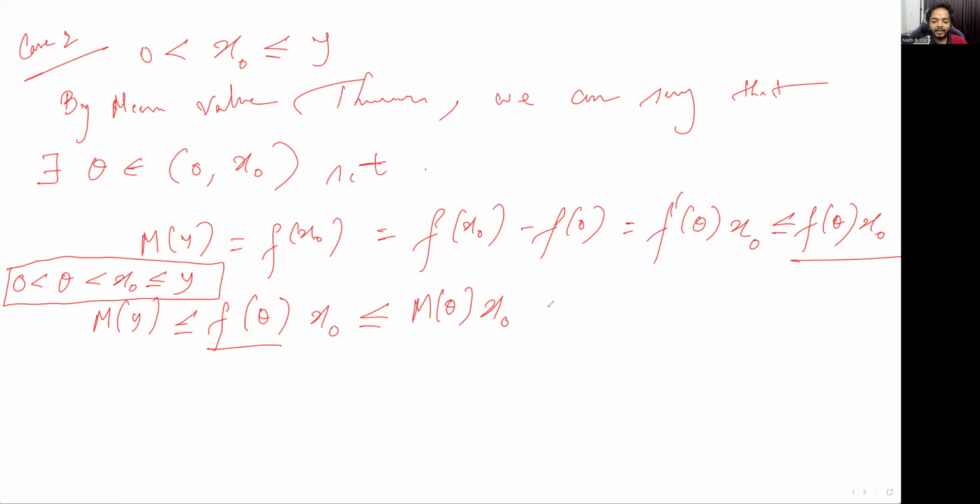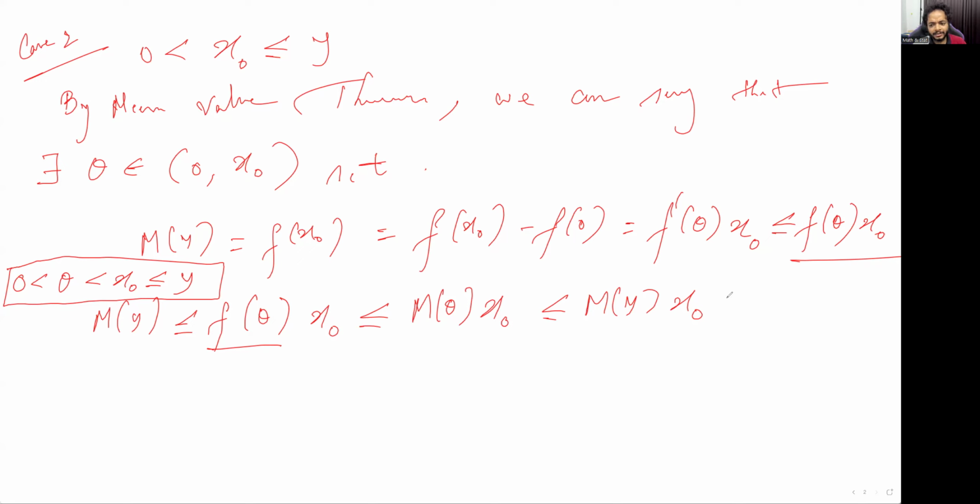And now I can also say that this is less than or equal to m of y times x naught, because whatever the maximum value the function is taking from 0 to y, that is m of y. So m of y will be greater than or equal to m of theta, because y is strictly greater than theta.